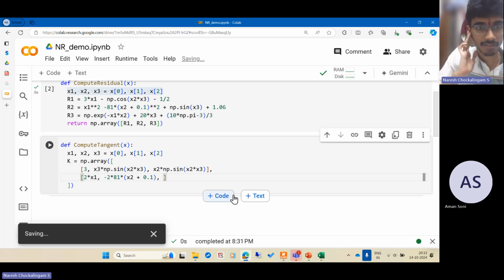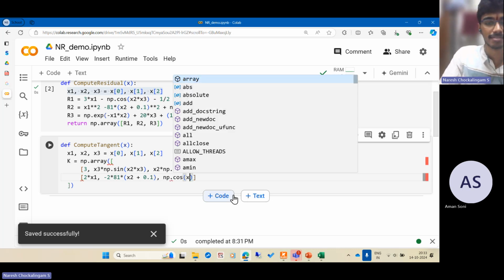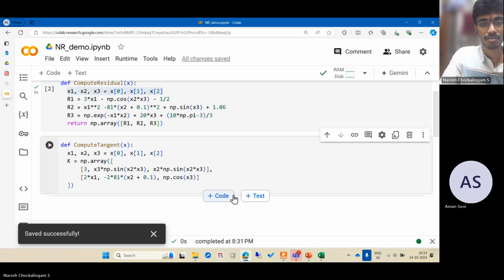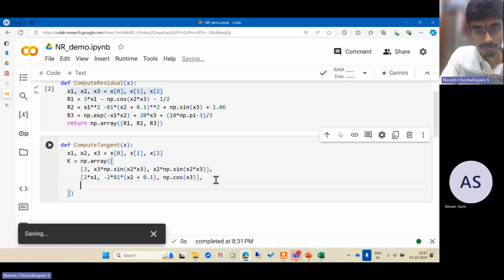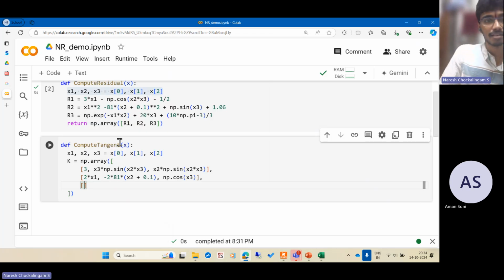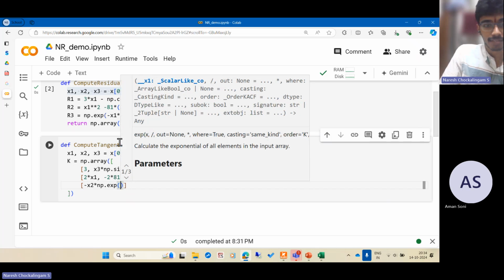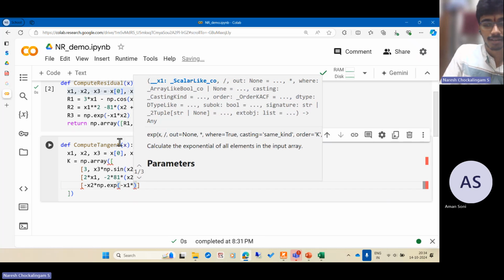So R2 dependence on x3 is cos, so it is just np dot cos x3. So this is the second row. And the last one, you have in the exponent x1, x2. So the first one is just minus x2 star np dot exponent of minus x1 star x2.